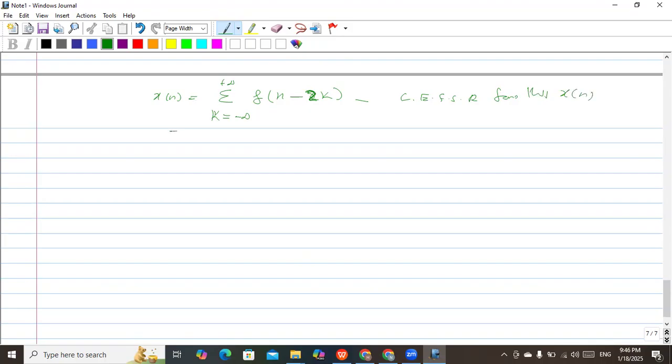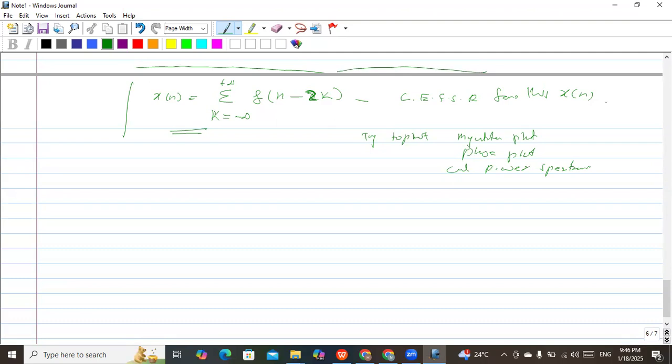Do this as homework and try to plot the magnitude plot, phase plot, and power spectrum. So try to do this question as homework.